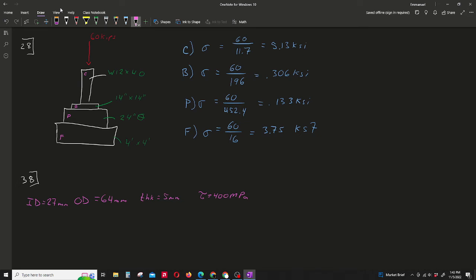So for number 38, as we know, we have our ultimate shear strength, which is equal to what? P over A. So in order to find P, we just have to rearrange our equation a little bit. And remember, this is the ultimate shear strength, ultimate times A, which is going to be 400 times whatever A comes out to be.